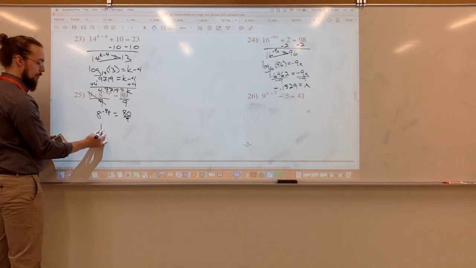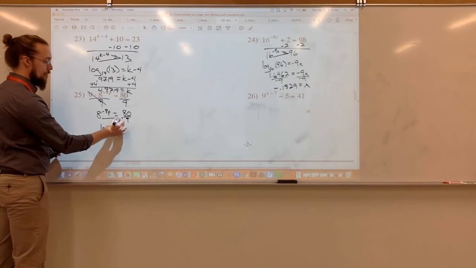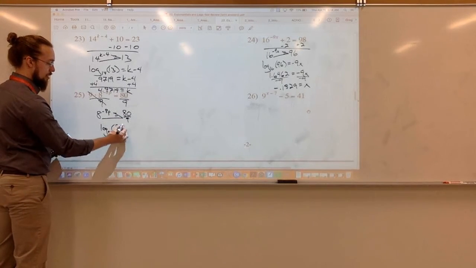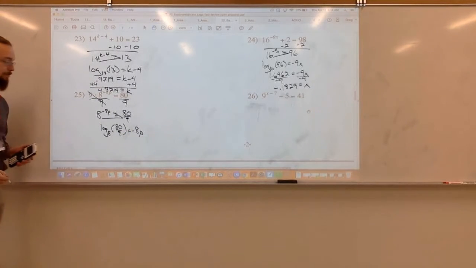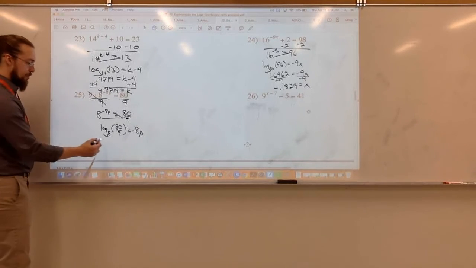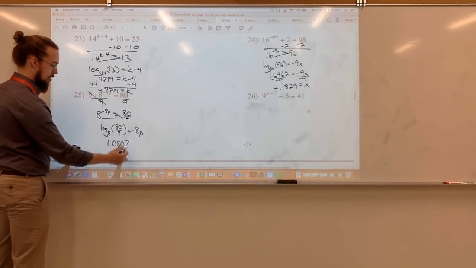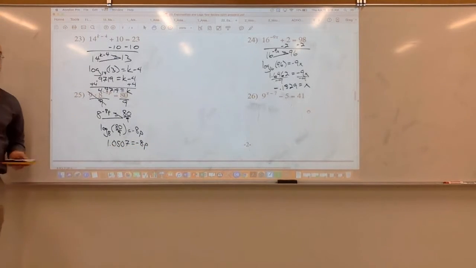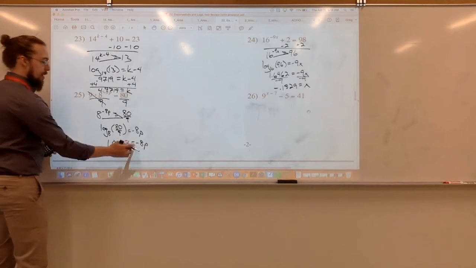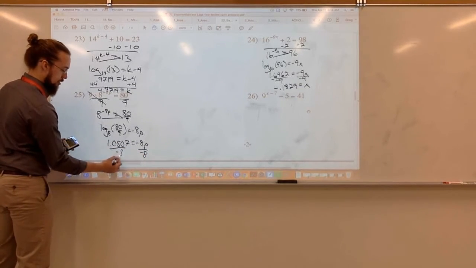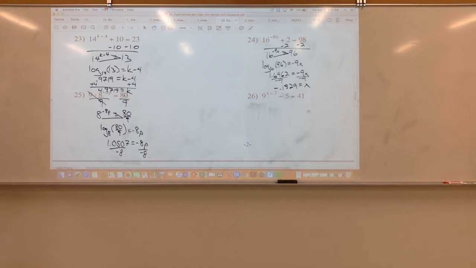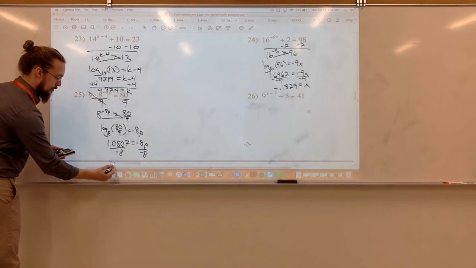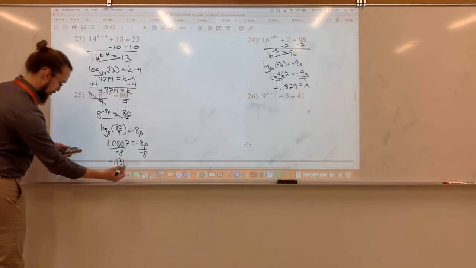So I will end up with log base 8 of 80 over 9 equals negative 8p. If we put log base 8 of 80 over 9 into the calculator, we get 1.0507. Then just divide both sides by negative 8, and we end up with negative 0.1313.